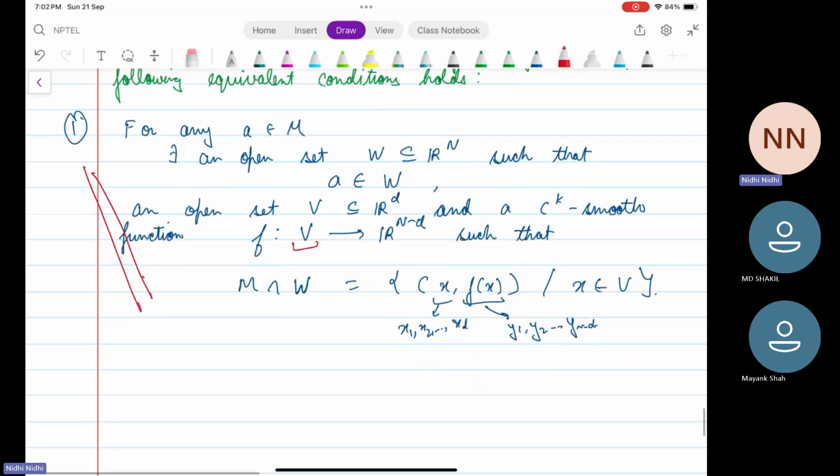So in words, M is locally a graph of a CK smooth function.